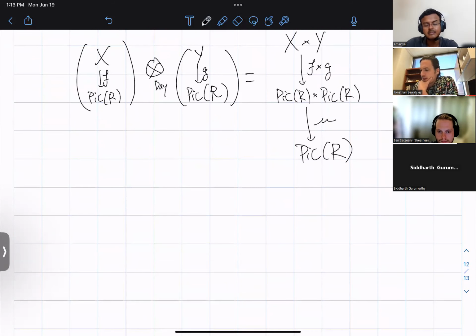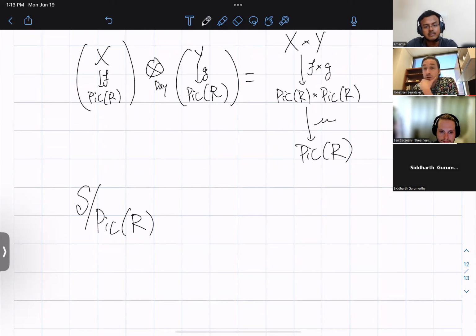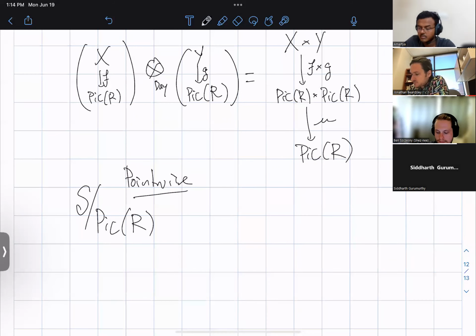Maybe one other thing to point out is that this has another monoidal structure, which corresponds to the pointwise monoidal structure on presheaves, in which case, if you've got two things like this, you can of course just take their pullback.